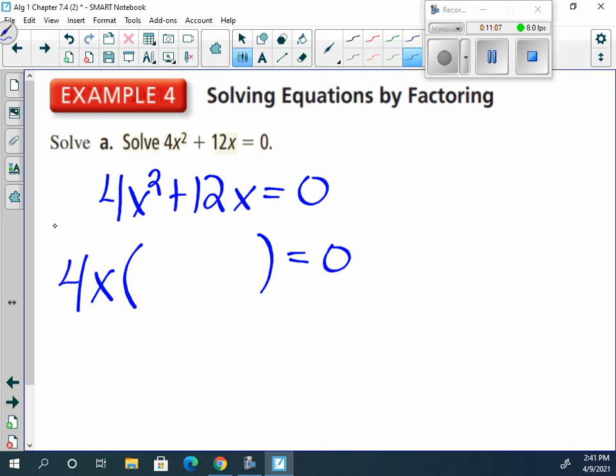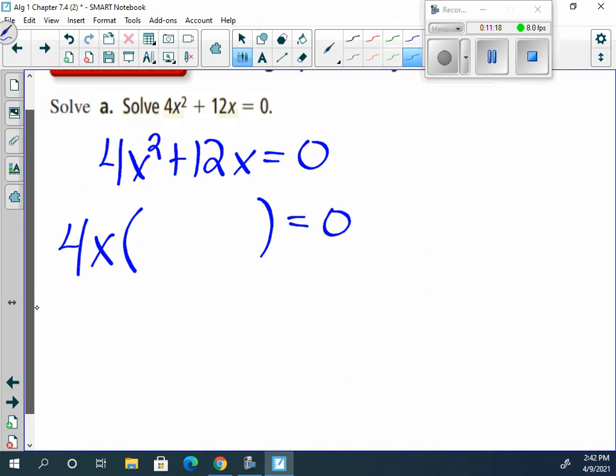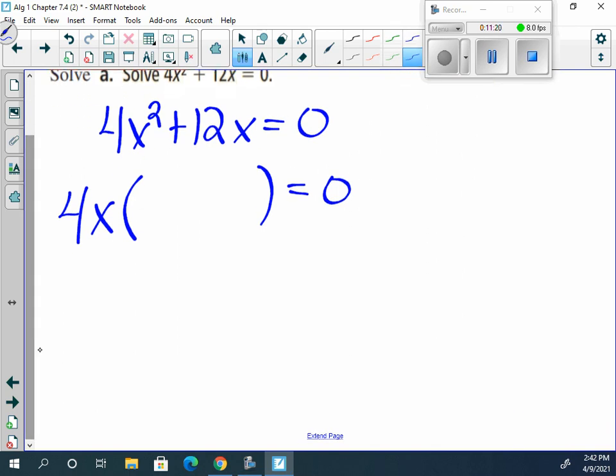Questions on this here so far? Now let's see what would be left inside. So for our first term, 4 divided by 4 is 1, and x squared divided by x is x. So our 4 over 4 would simplify, and x squared over x would simplify to x.